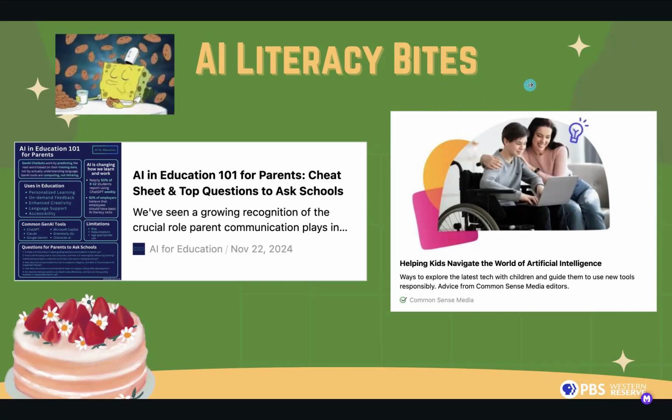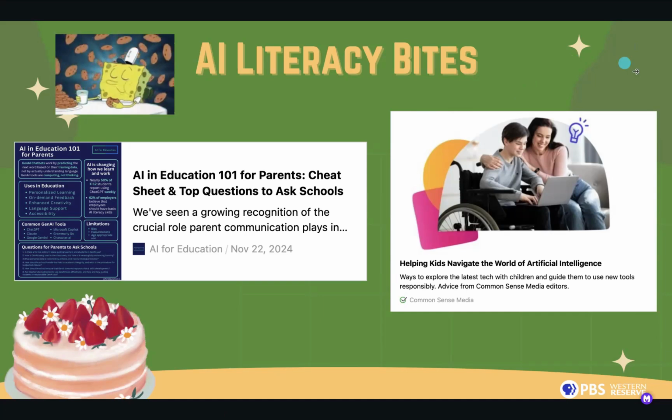So I didn't want to leave out this piece. Those were great for teachers and educators. But again, when we talk about AI literacy, we're not just talking about AI literacy for students. We're talking about AI literacy for us as adults, for our parents that are out there as well.